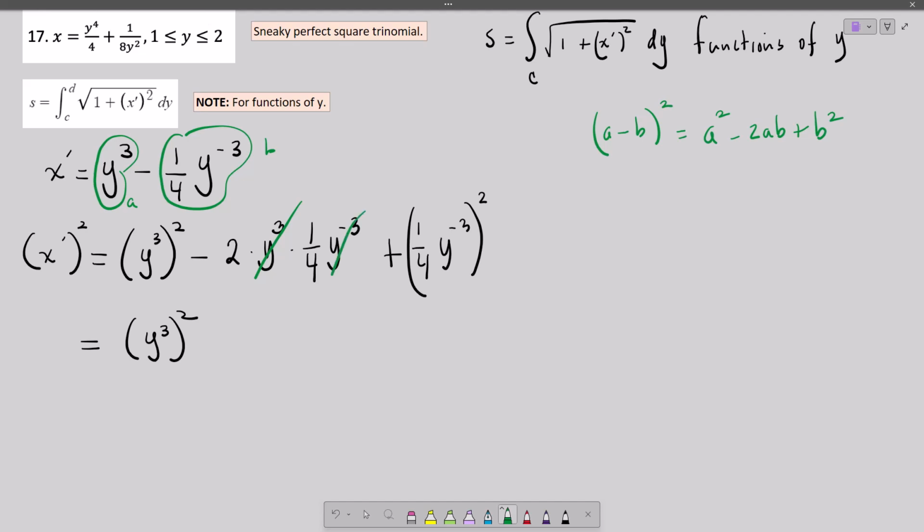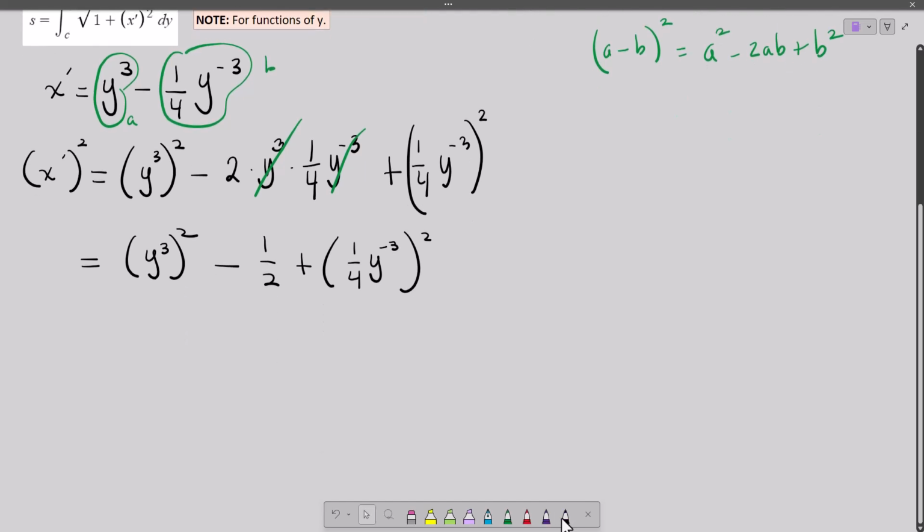Y to the 3 times y to the negative 3 is y to the 0, which is 1. Or you can think of it as y to the 3 over y to the 3. And then 2 divided by 4, we get the half. Sneaky perfect square.